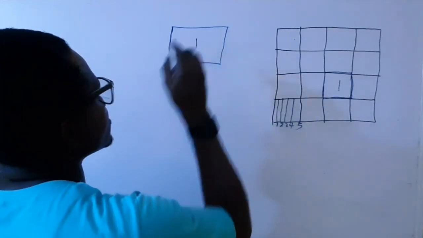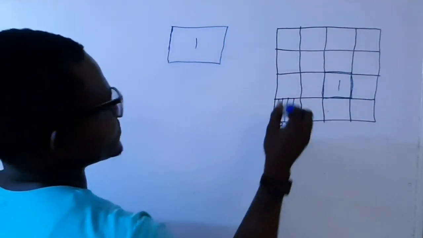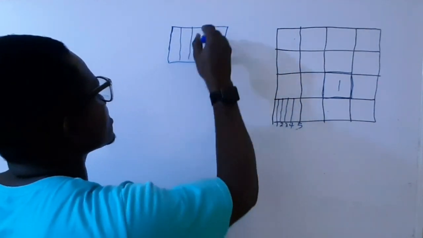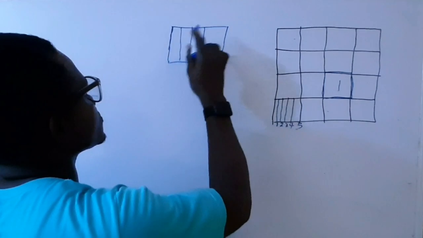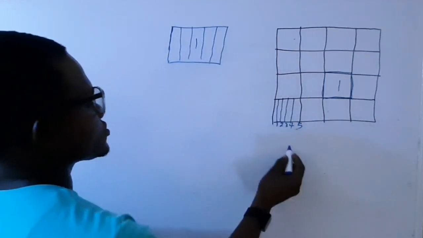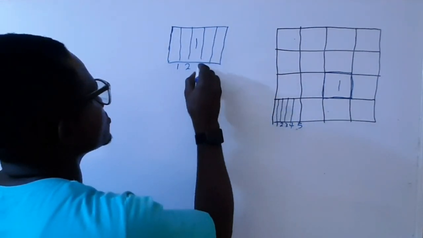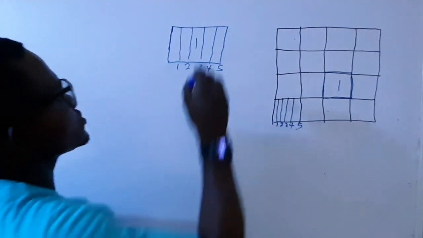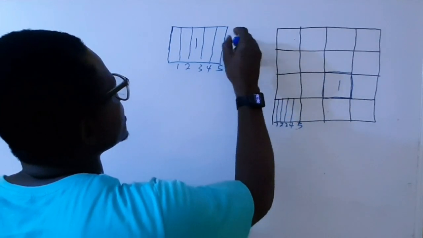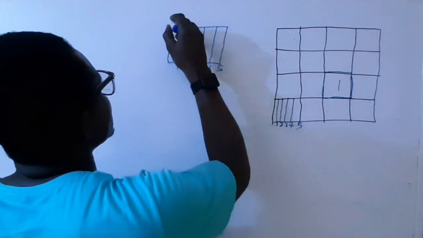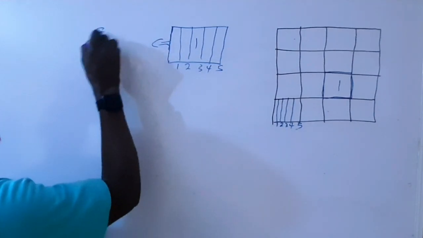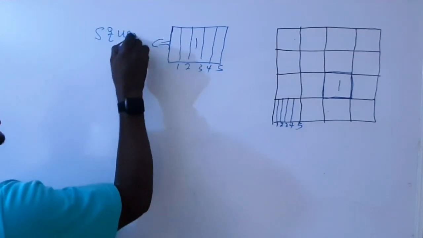Now we have our small lines, 1, 2, 3, 4, which is 1, 2, 3, 4, 5. This is what we refer to as a square box.